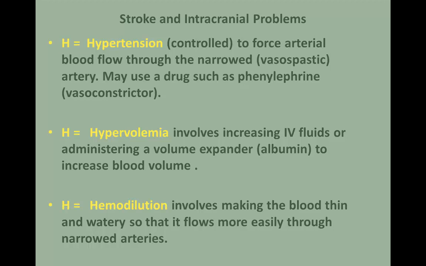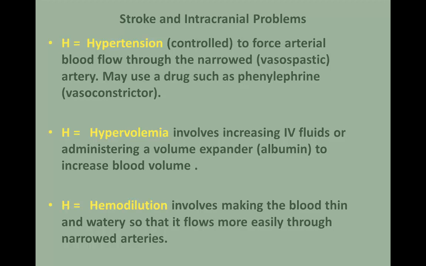Again, when you increase blood volume, fluid volume, that will help push blood through those vasospastic arteries. And then we want to make sure that the blood is thin. Of course, if you gave a lot of IV fluids, that would help ensure that the blood is thin and moving quickly through the arteries.